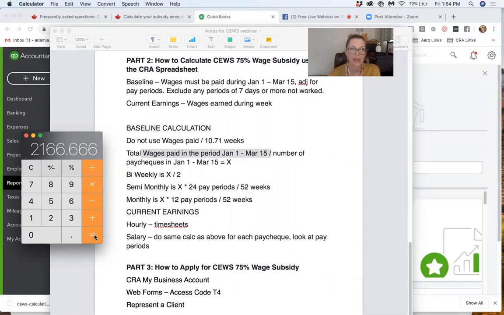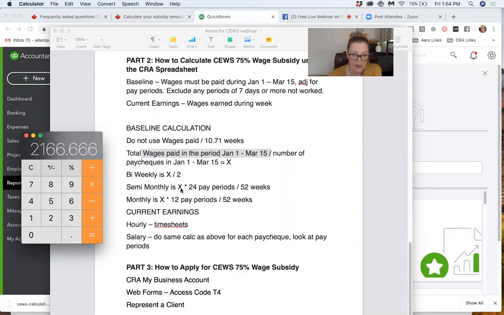But sometimes people don't get the exact same amount every paycheck. So that's why I'm doing it with this average, because it'll work for your hourly people as well. So whatever that total is that they've received semi-monthly, divided by 5 paychecks, equals the average per paycheck. Then that's your X amount.